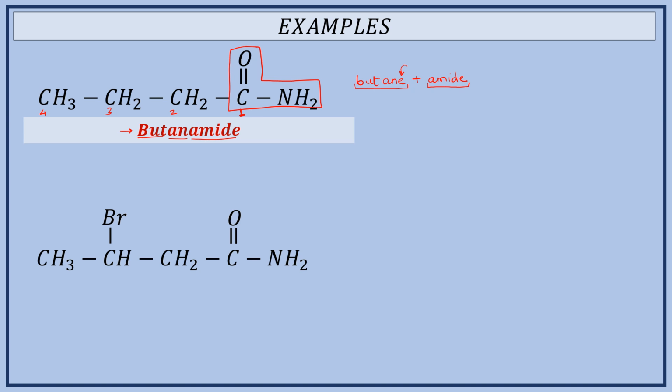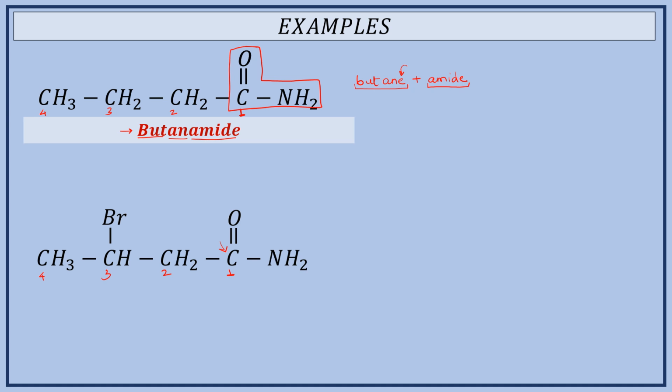Now we have introduced a substituent. We have to mark the position of this substituent in this molecule. We will begin the positioning starting from the carbon atom of the functional group. So this carbon atom will always be marked as 1, then 2, then 3 and then 4. So this molecule will always be named as butanamide.